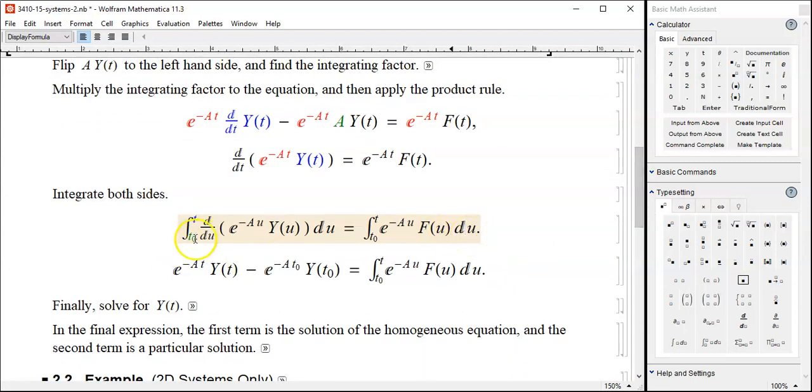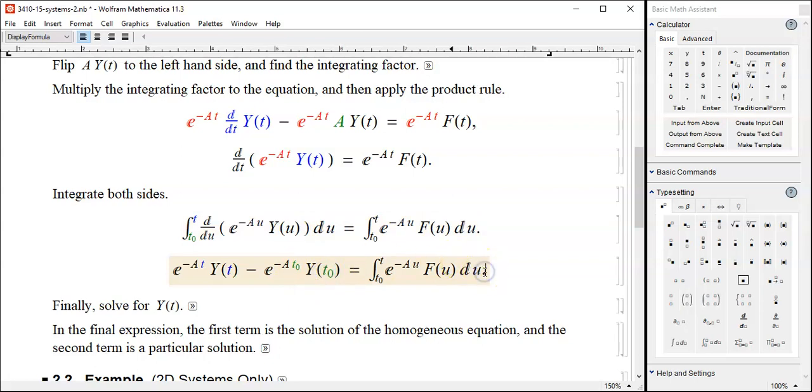So t0 to t, and plug in t, we get this and that substitution in place of this u and that u. Now plug in t0, we get this and that substitution.